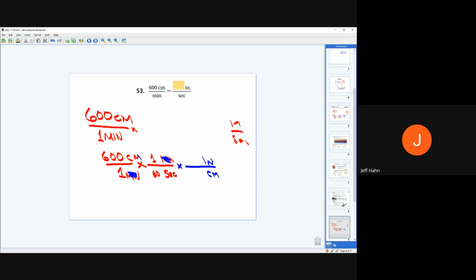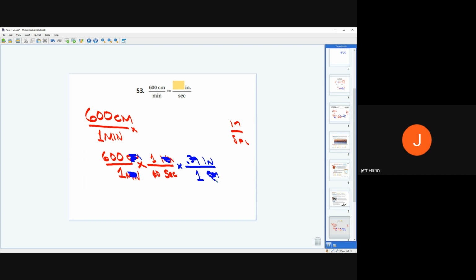How many inches in a centimeter, how many centimeters in an inch, and it doesn't rightly matter. McKenna says, in 1 centimeter, there is 0.39 inches. 0.39. Boom. So then, we have now got rid of our centimeters.